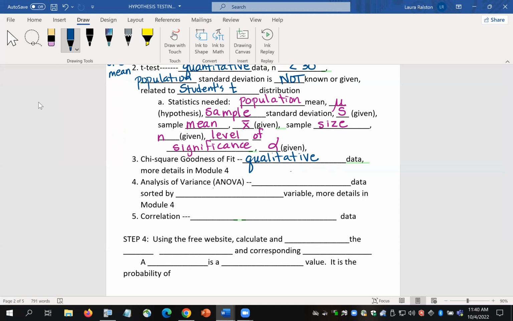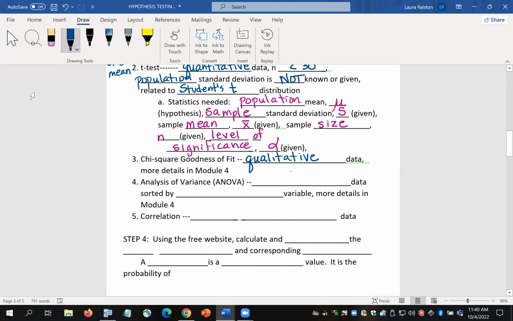Remember, we've talked about sometimes with qualitative data, there's not as much analysis that can be done because it's words. But one of the few that we can do is called chi-square goodness of fit. So it deals with qualitative data, and we'll be focusing more on it in Module 4.